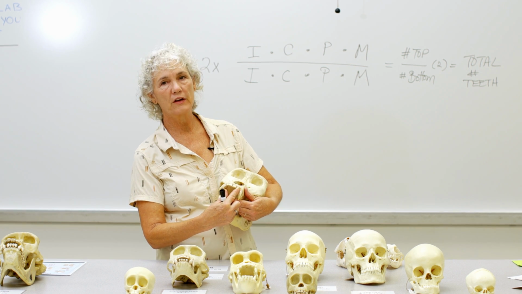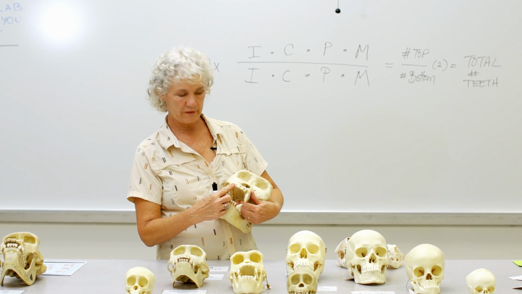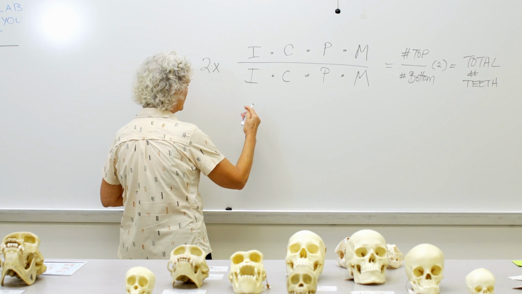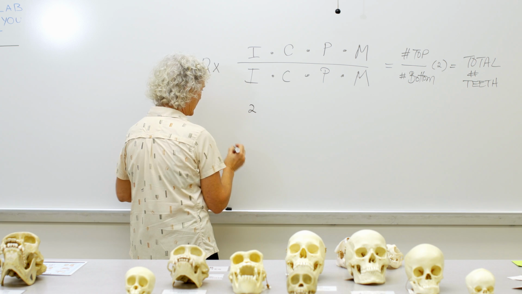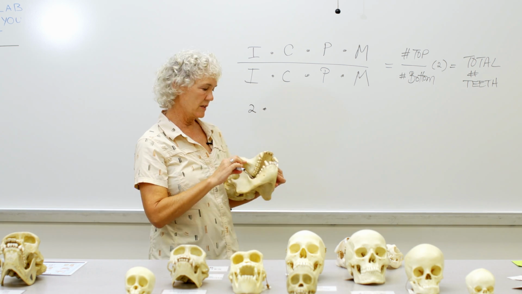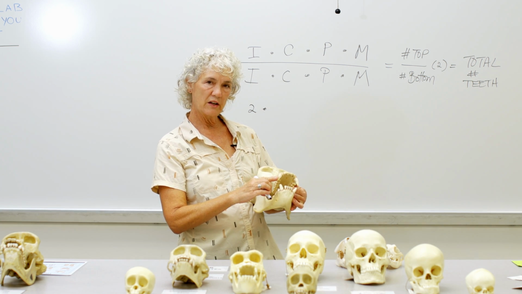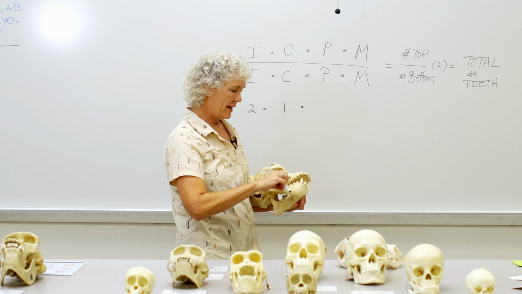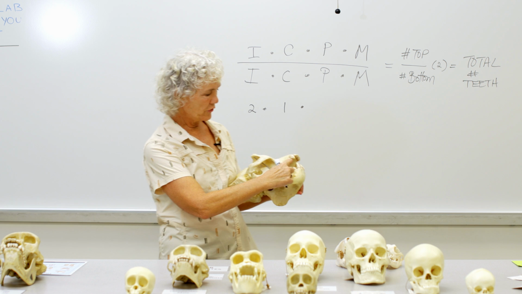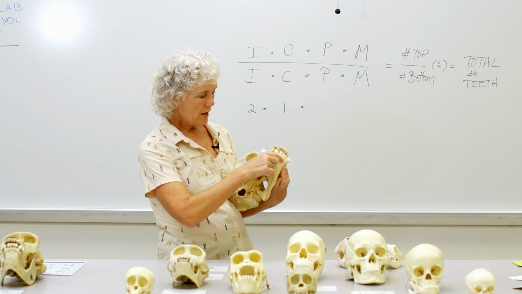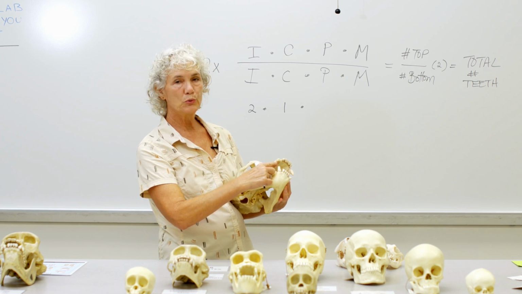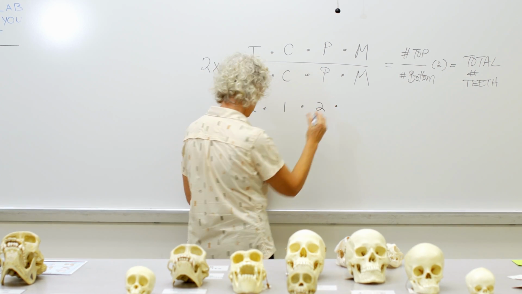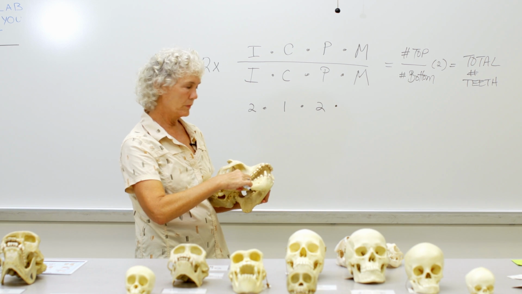Notice it has 2 on the other half, but we're only counting half. And so I'm going to write the number 2 here, okay? Then the next thing is that it has 1 canine. It's hard to tell the premolars from the molars, but I am guessing 2 premolars. And again, I would have to see the juvenile, and that would make 3 molars.